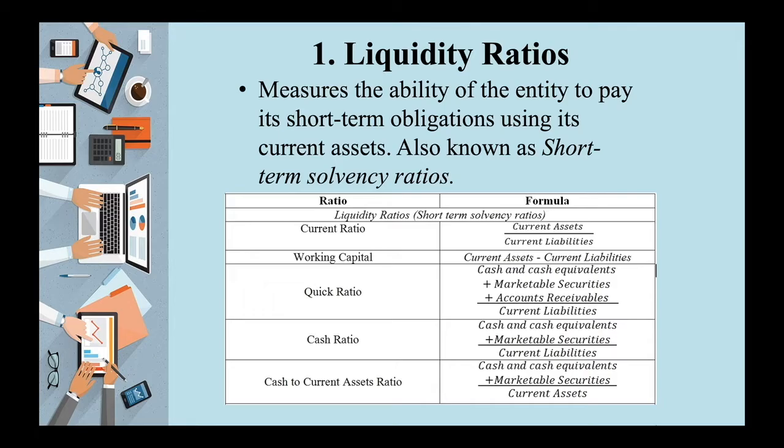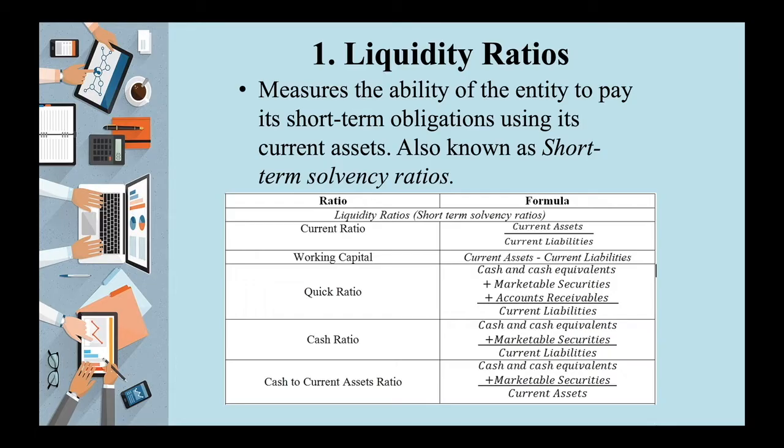So, liquidity ratio measures the ability of the entity to pay its short-term obligations using its current assets. Take note, short-term obligations using its current asset, also known as short-term solvency ratio. When we say short-term here, sa accounting perspective, short-term or the current assets or the current obligations, the short-term obligations, stands for the obligations within 1 year.